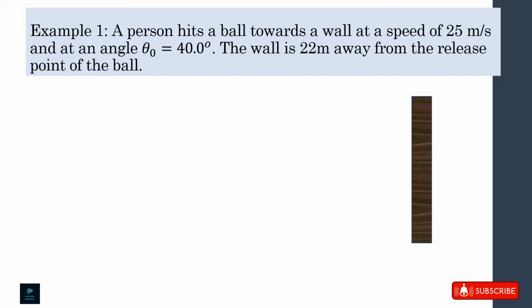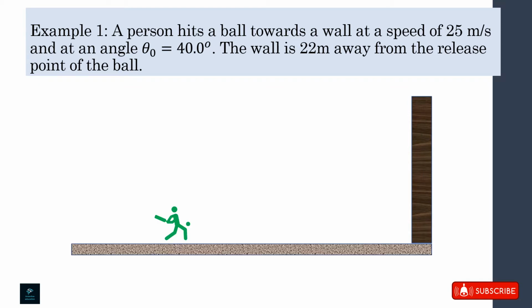Thus, we have a wall and a person is hitting a ball towards the wall at a speed of 25 meters per second and making an angle of 40 degrees from the horizontal direction.